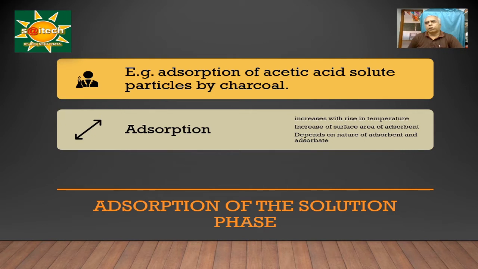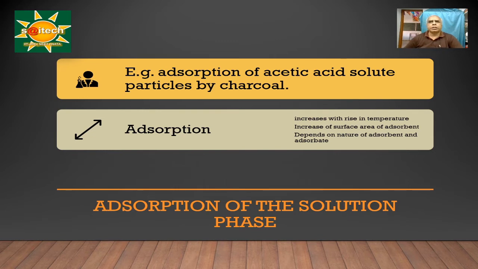Adsorption from the solution phase. In the case of the gas phase, previously we discussed the Freundlich isotherm, where pressure is important. In this case, being a solution, concentration is important. Let me cite an example: acetic acid solute adsorbed by charcoal.